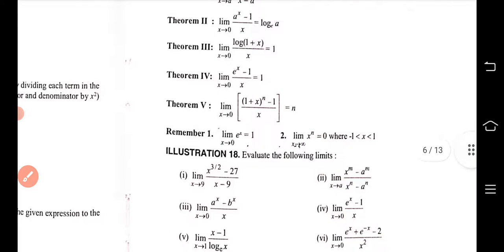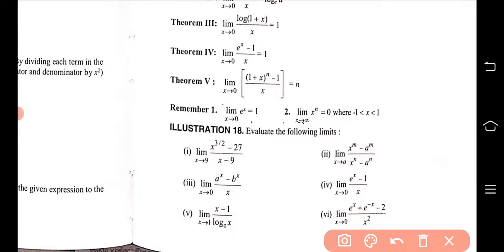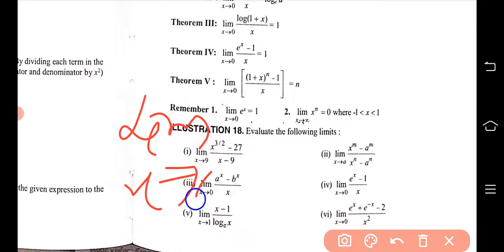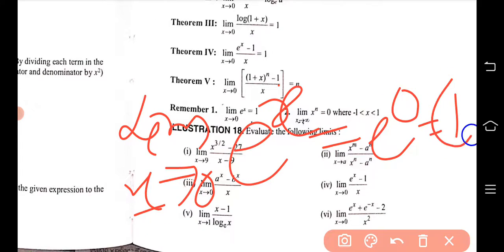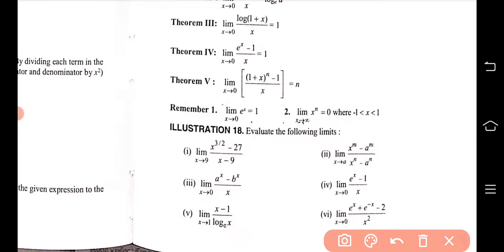Clear? And remember here, if the limit x tends to 0 of e to the power x is given, we have to find the value of e to the power x. It means that in place of x you put the value 0, that would be e to the power 0, which is nothing but 1. So the limit x tends to 0 of e to the power x is equal to 1.